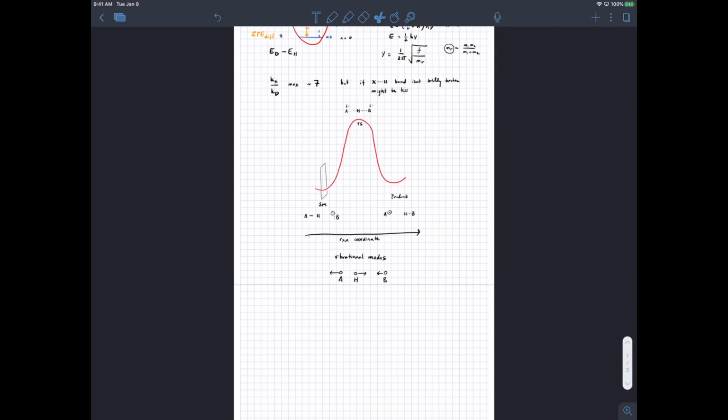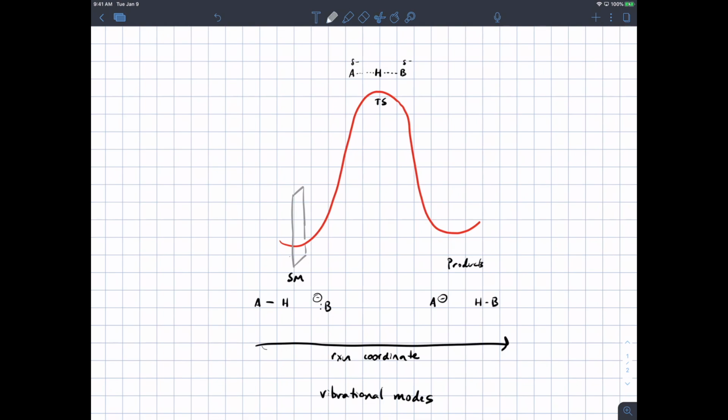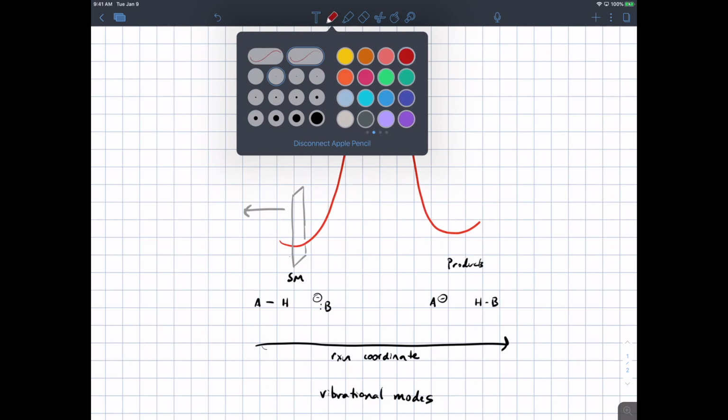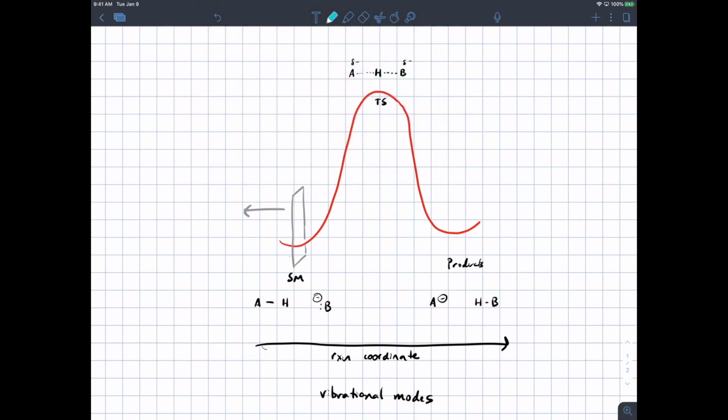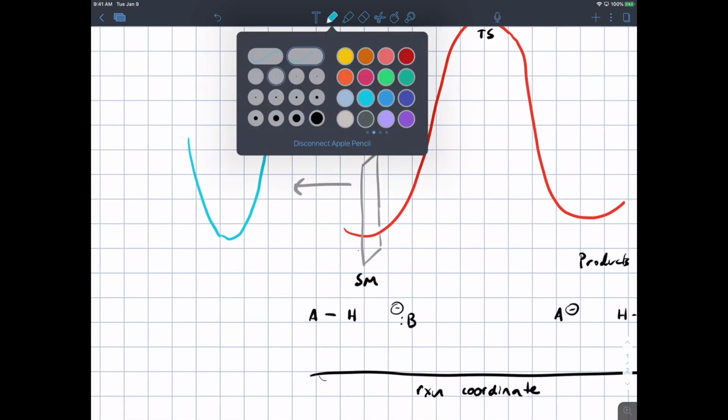So what I'm going to do is shrink that down so we've got a little bit more space. So let's just imagine, if we blow this up, that in the perpendicular direction we've got a vibrational energy well that looks like this. Okay? And this is going to correspond to vibrations in the starting material.